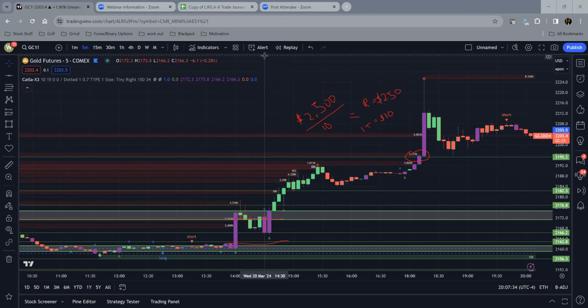Trader number one's entry was at 2176, and trader number two's entry was at 2183 after the manipulation here. Now trader number one had an entry of 2176. Zoom down to the 1 minute time frame.